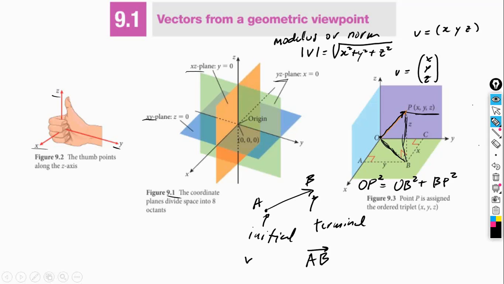But we know that OB squared is going to equal x squared plus y squared. Why? Well, because this leg of this other right triangle is x, and this one is y. So we can see clearly that OB squared is equal to x squared plus y squared. And also we have that BP squared is the same as z squared. Therefore, the modulus of v is going to be the square root of x squared plus y squared plus z squared.